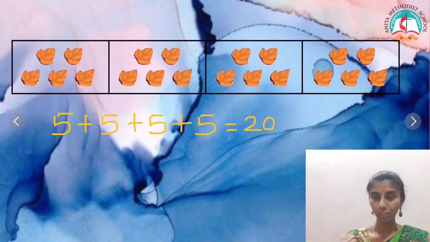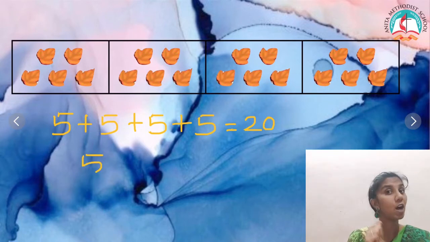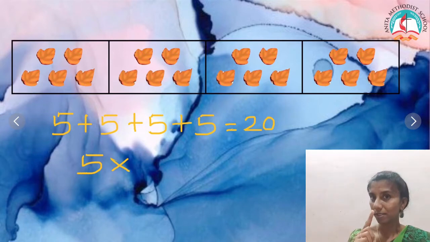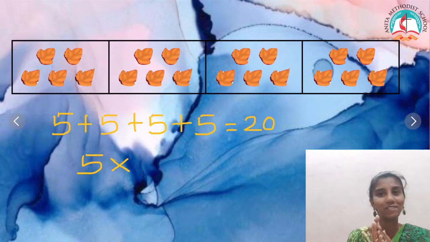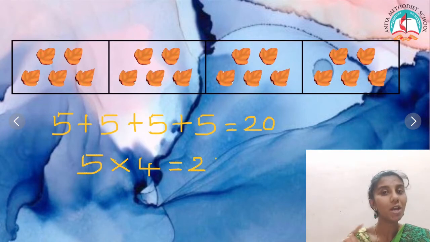So we are going to use it in the multiplication. So in each box, how many leaves are there? 5. How many groups? 4. So 5. What is the symbol of multiplication? Very good. Into. So how many groups? 4. So 5 into 4 equal to 20.